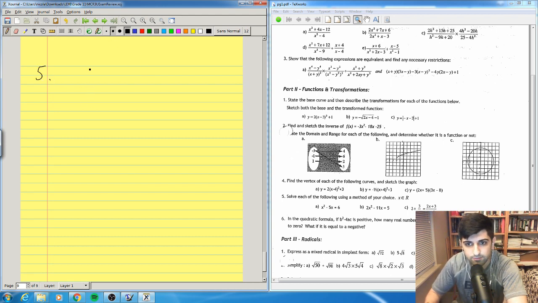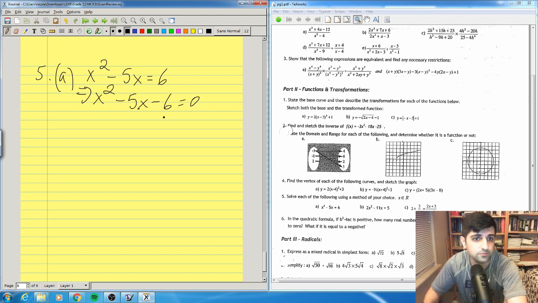For 5, solve each using a method of your choice. There's factoring, there's quadratic formula, there's completing the square. So the first one's really straightforward. You got x squared minus 5x equals 6. What that means is that x squared minus 5x minus 6 is 0. Factoring is our good option here.